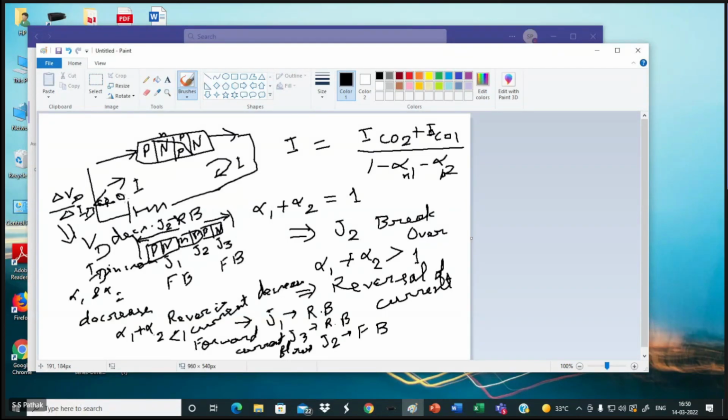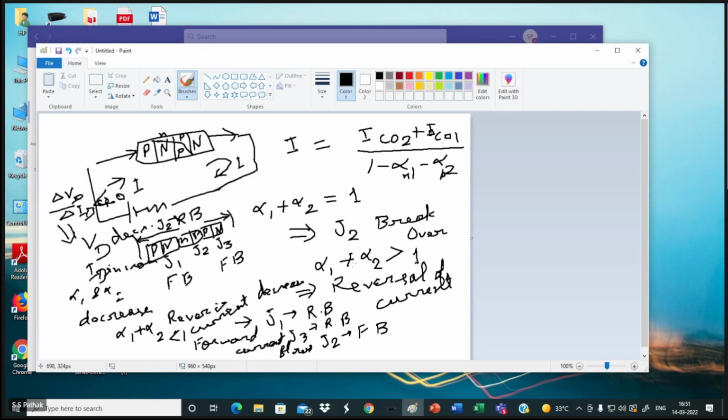So that way it is having the negative resistance, and the stability of alpha 1 plus alpha 2 around this 1 is guaranteed. It is not going beyond that. So the device is not going to a state where it gets fused.